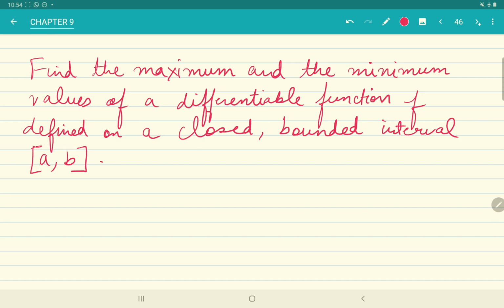Now, if I want to find the maximum and the minimum values of a differentiable function f, which is defined on a closed bounded interval AB, what are the steps that I have to take up?